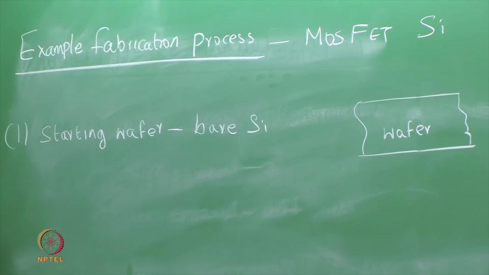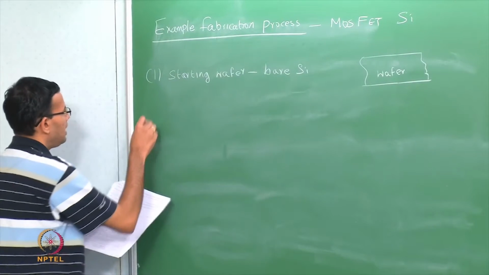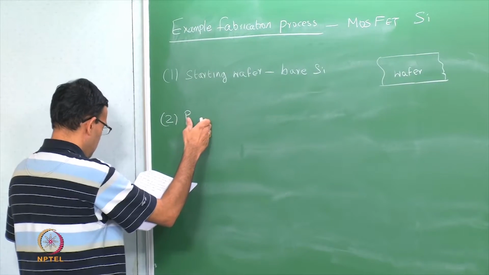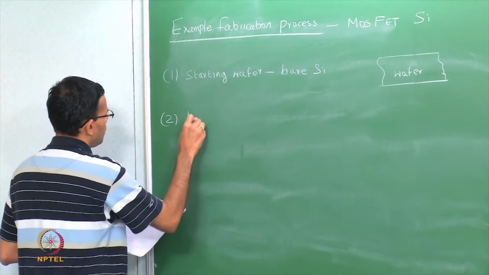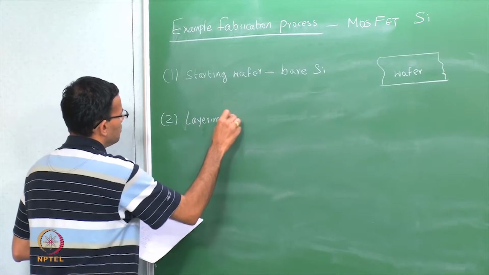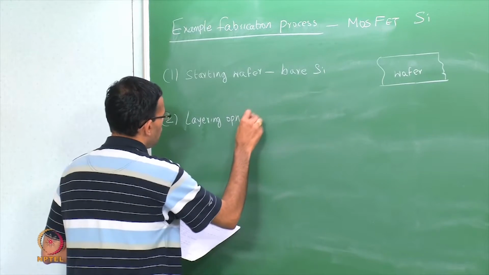So, on this bare wafer we are going to grow an oxide layer which we will use for patterning. This oxide layer is called a field oxide. So, the first step is your layering step or your layering operation. So, this is to grow the field oxide.